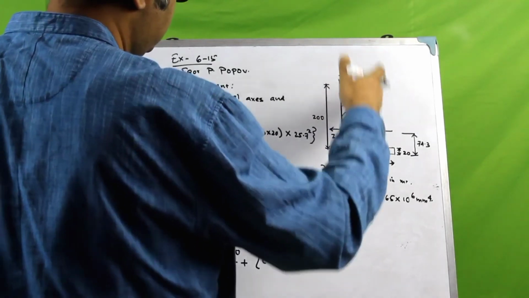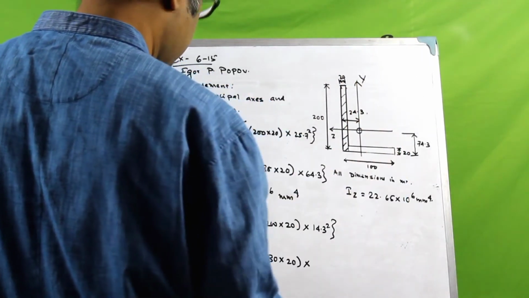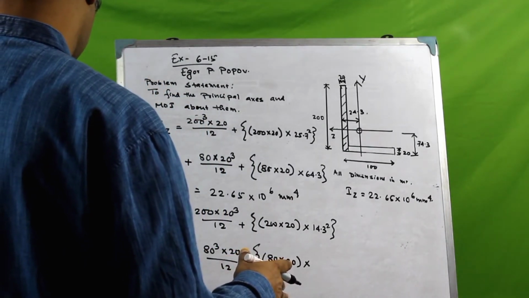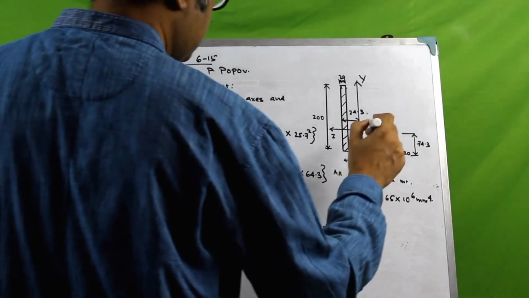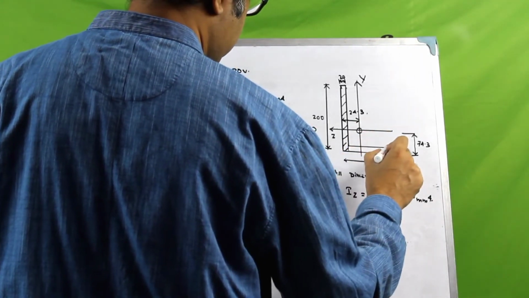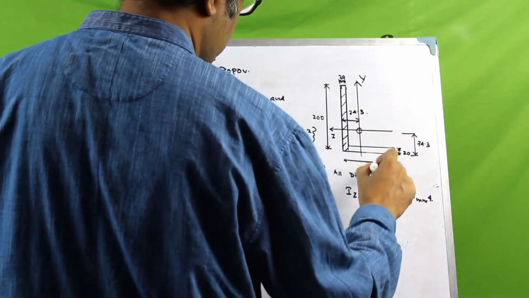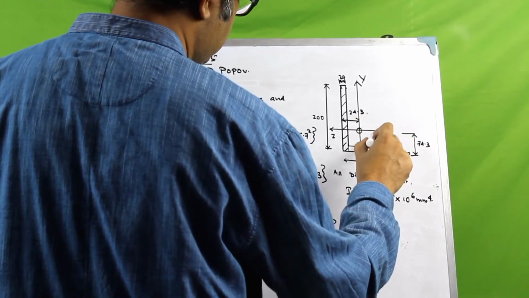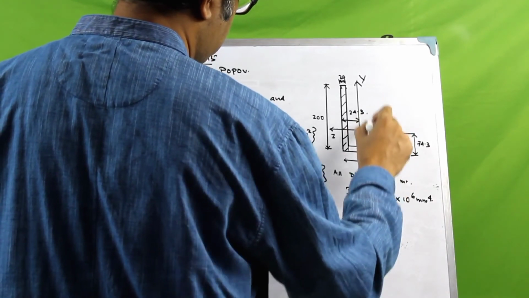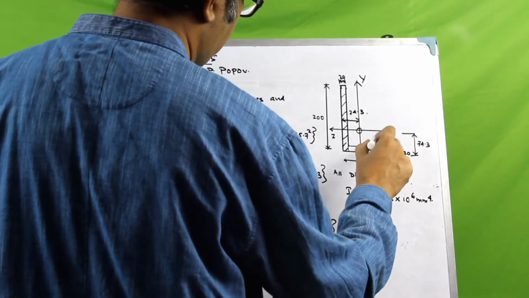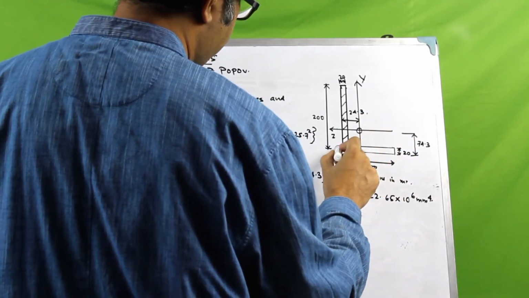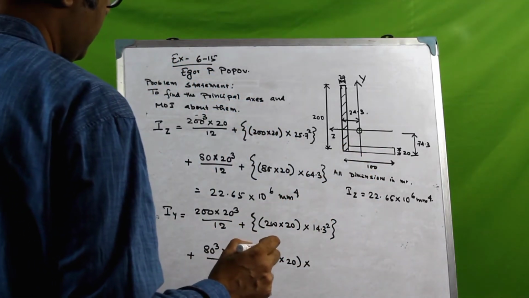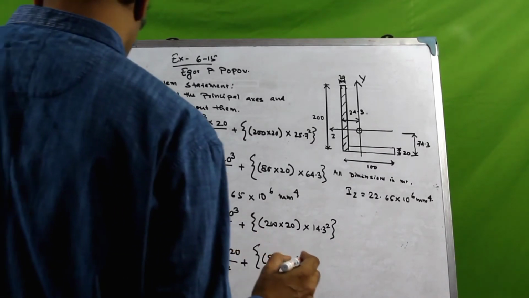Sorry, about the y-axis. So, okay, 20 into 80 cubed by 12 plus 20 into 80 cubed by 12, and this one is 80. So this would be 40. So 40 plus 10 is 50. 50 minus 24.3 would come to 35.7.